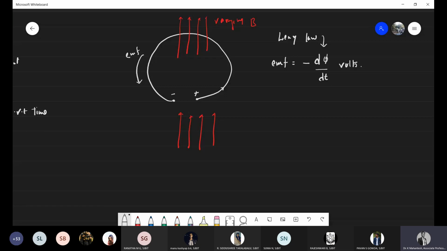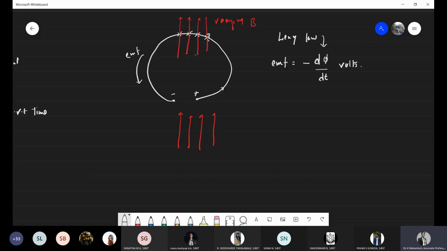See here, you have magnetic flux or flux density at this point. This flux, or the varying magnetic lines, intersects here. That means it is perpendicular.